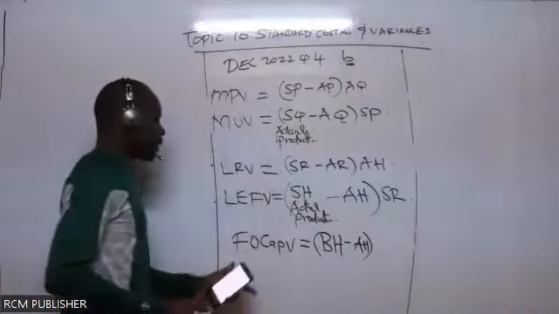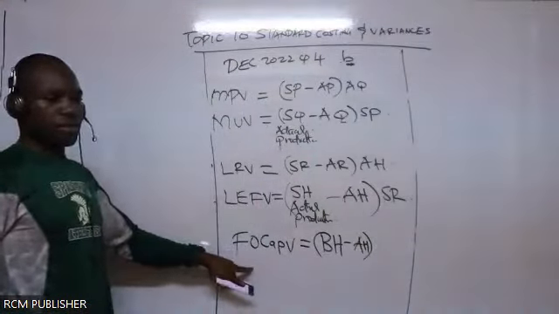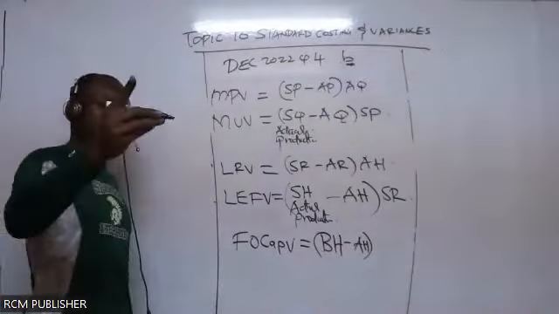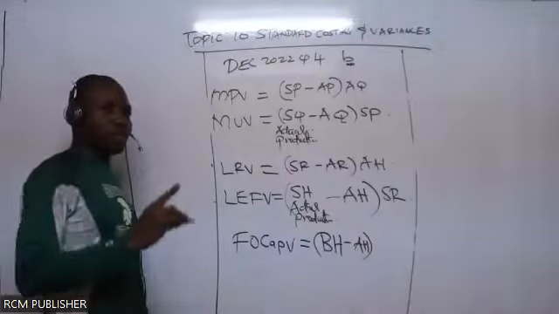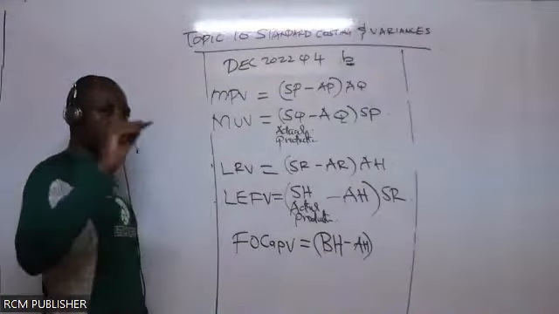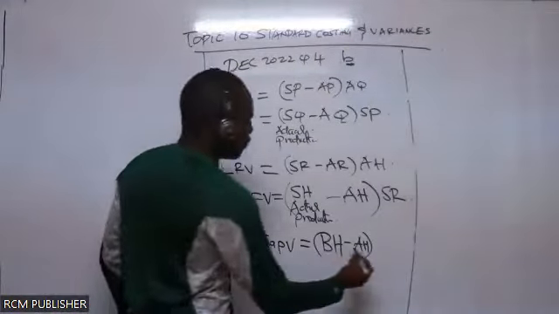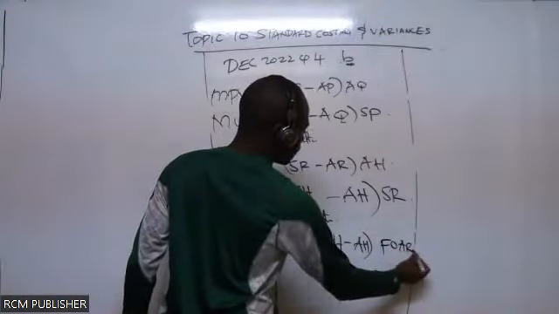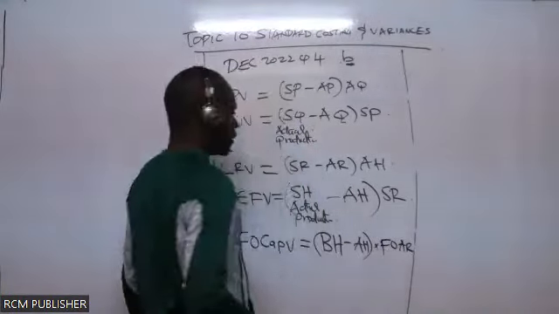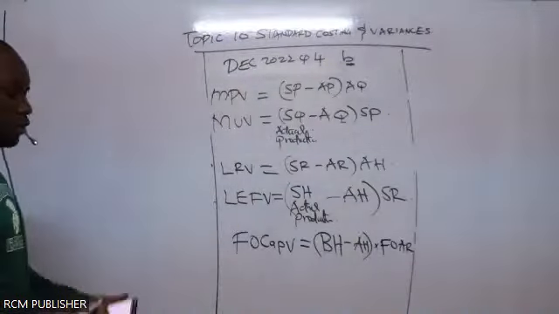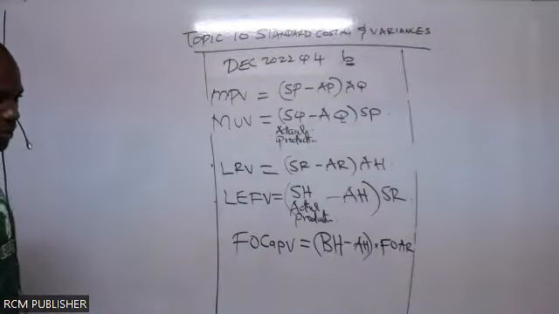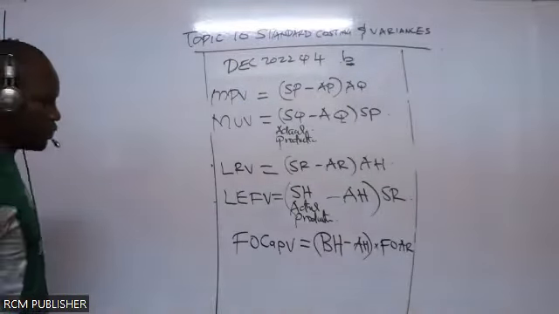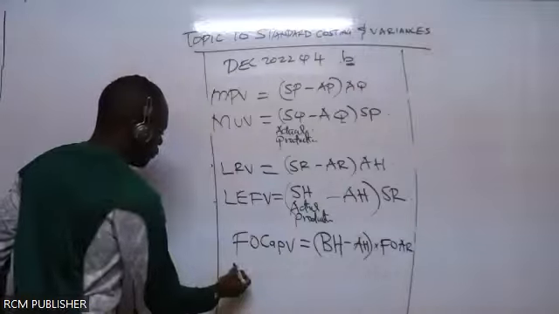Then I said, anytime you're going to deal with the overheads, the fixed overhead and the variable overhead, you bring in the concept of the last part of topic number 4, topic number 5, and topic number 7, which is the fixed overhead absorption rate. It is multiplied by the fixed overhead absorption rate. So are we able to get the fixed overhead absorption rate? That is what we need to put in place.